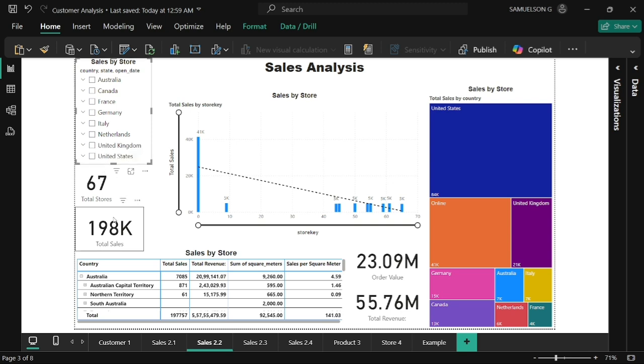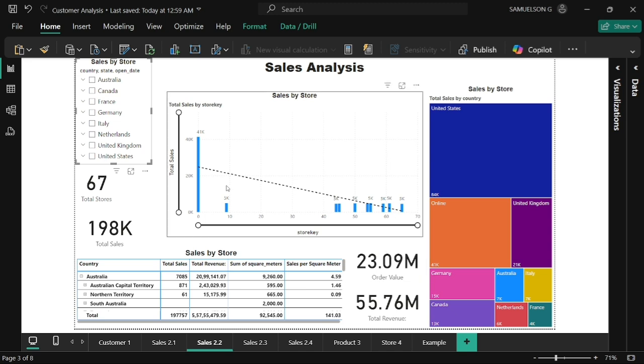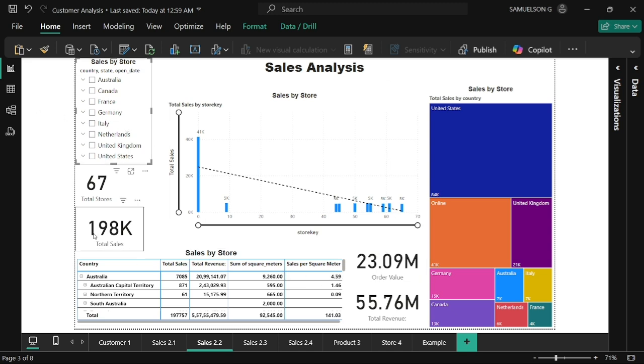Total 67 stores and 198 sales, and they sold 198k products. Okay, and it's order value and the total revenue. You can see the difference. Order value means they get the product from the manufacturing, and they get this amount from the manufacturing for the products.